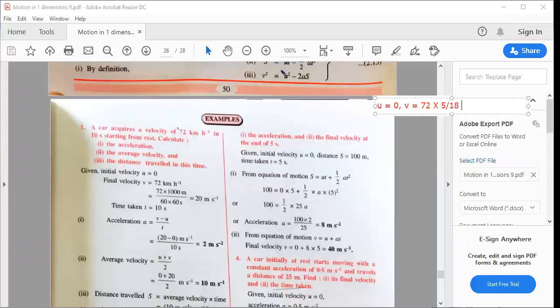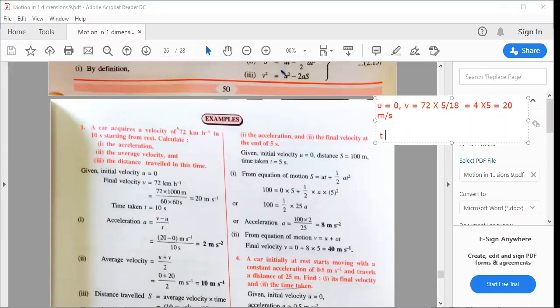Now, what will be 5 upon 18? 18 fours are 72, so it will become 4 into 5, so it will become 20 meters per second. So u is 0, v is 20 meters per second. Oh, sorry, it is not square, it is 20 meters per second.